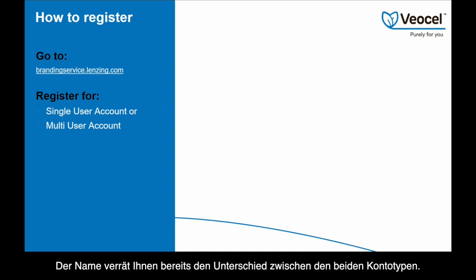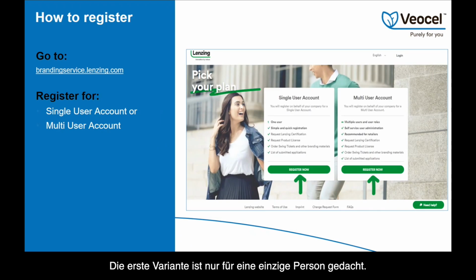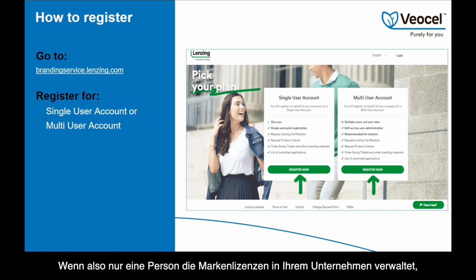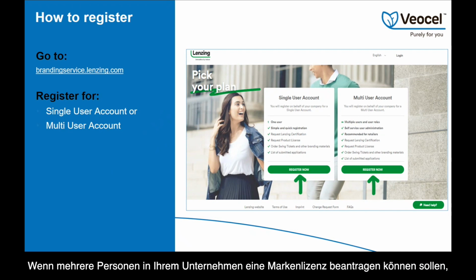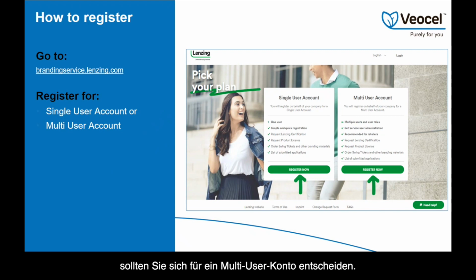The name already tells you the difference between the account types. The first one is only for one single person. So if only one person is managing the brand licenses in your company, then this would be the best way forward. If multiple people within your company should be able to apply for our brand license, then a multi-user account should be chosen.